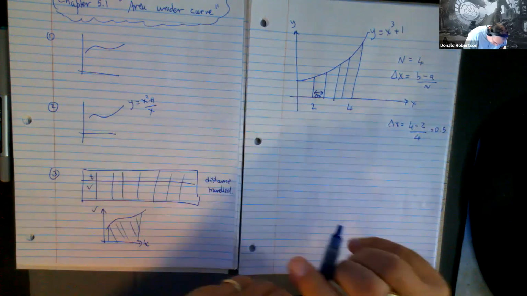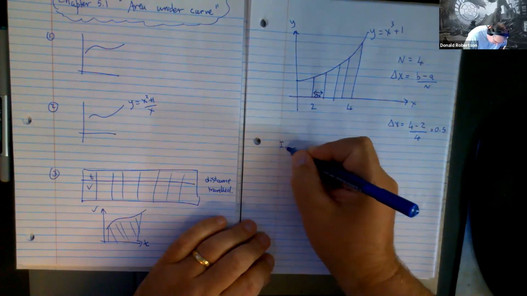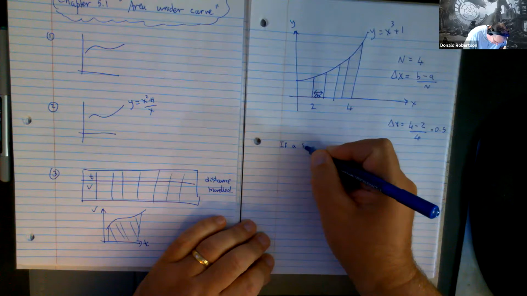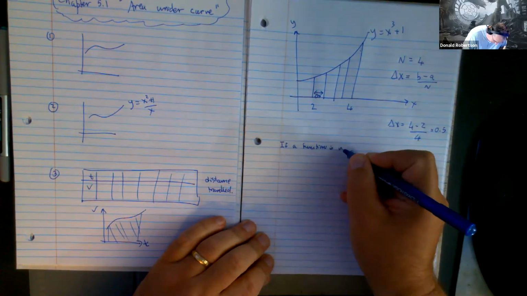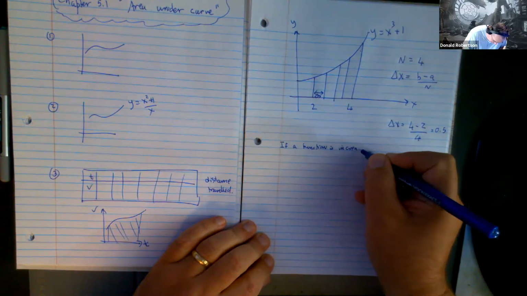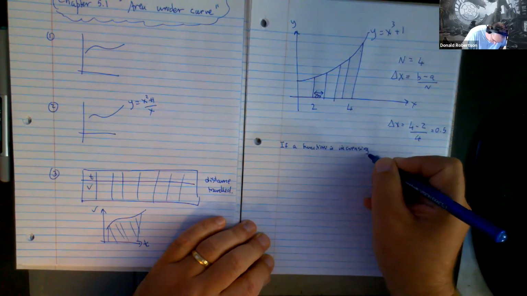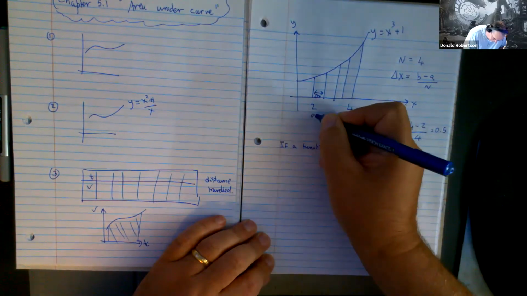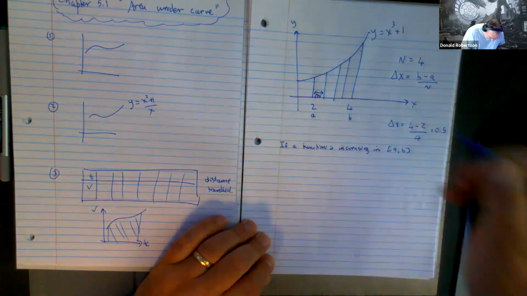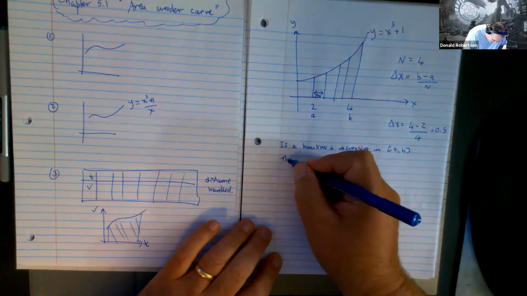I'll show you what I mean. If a function is increasing in the region A to B, because we typically call the start number A and the finish number B, then this is true.